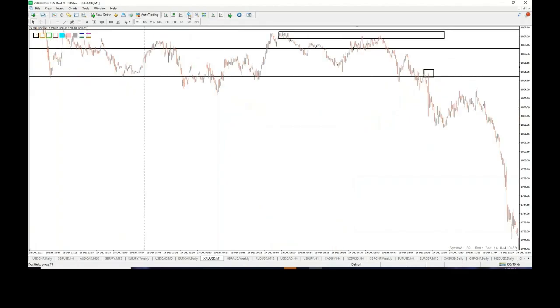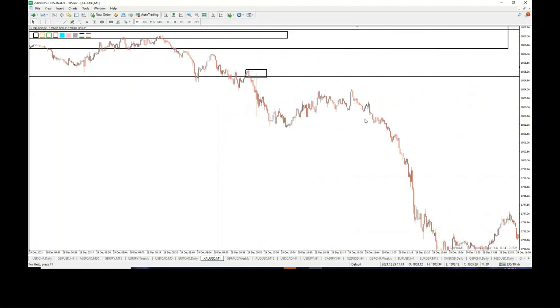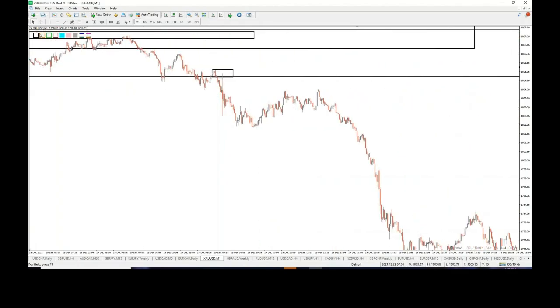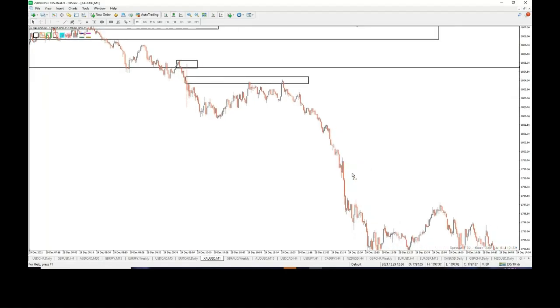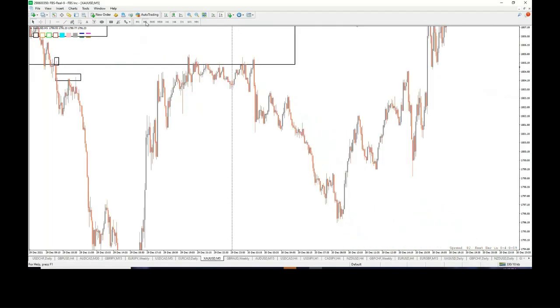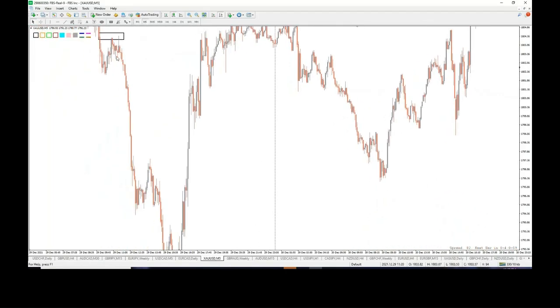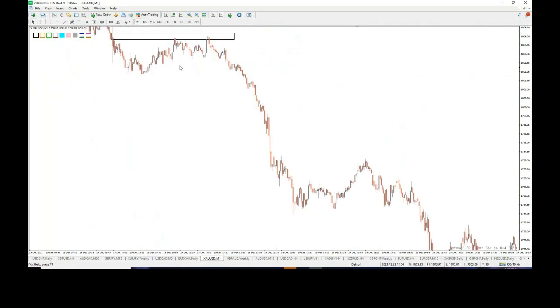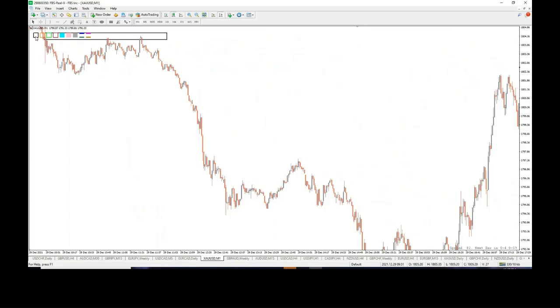The faster price is moving, the lower the time frame you want to use. But it's always the same thing if you understand the movement. There you go. That would have been a hell of a trade. That was a great trade.